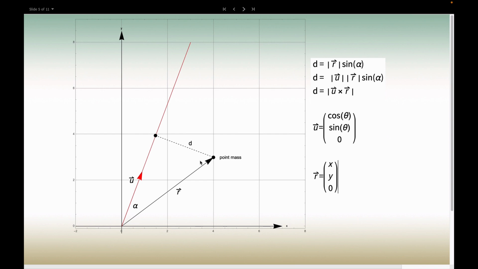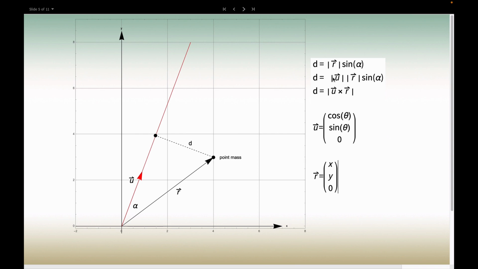So, to find the distance between this mass and this axis, we construct this triangle. And we see that the angle between these two vectors, alpha, that this distance is the opposite angle to alpha. So that distance, we're using d now instead of r, that distance is the hypotenuse times the sine of alpha. Now here's a key step in our derivation.